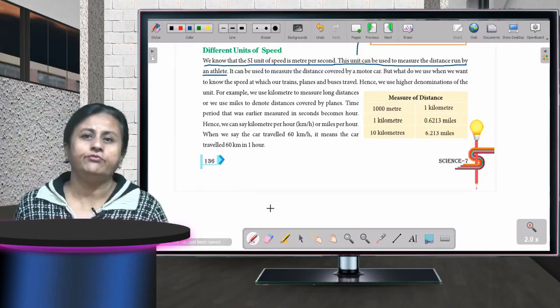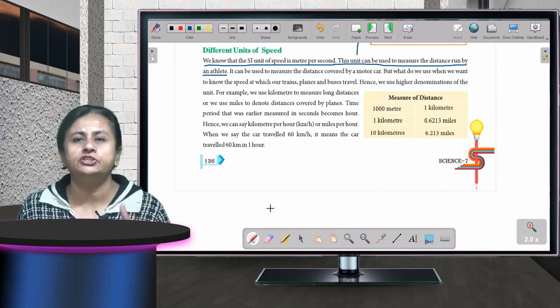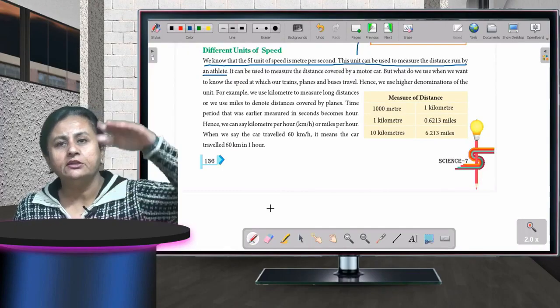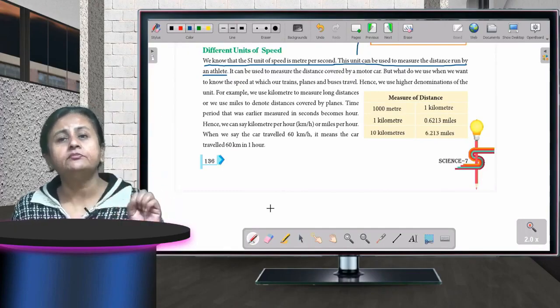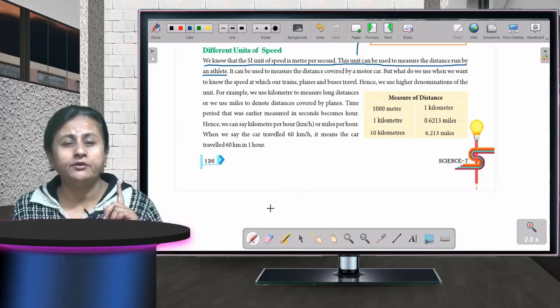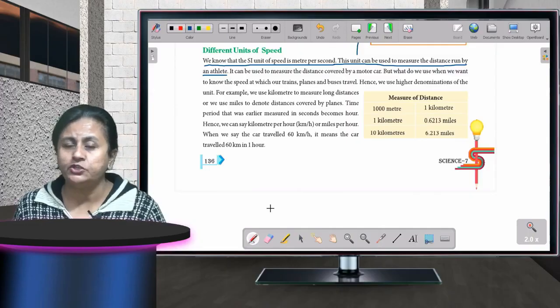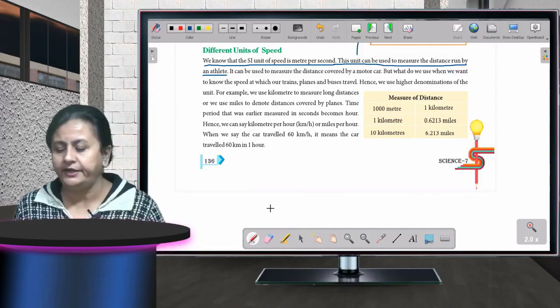Whoever is on the finishing line always uses a stopwatch. The moment he touches the line, the stopwatch is pressed and you come to know the accurate time. On the tracks, we are using a stopwatch because that tells us the accurate time.